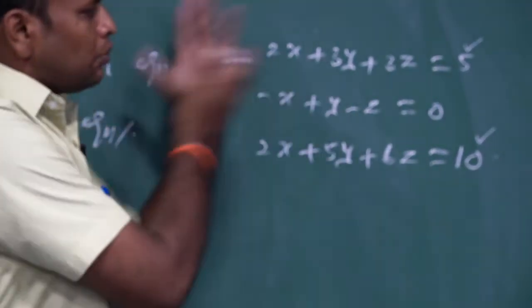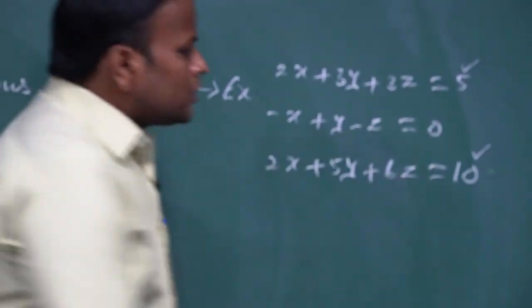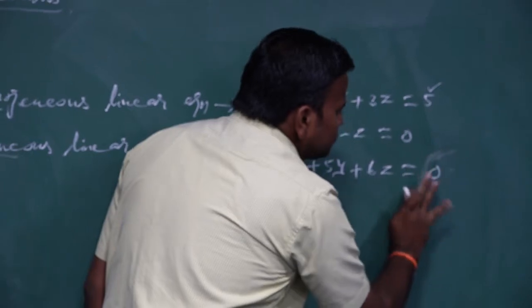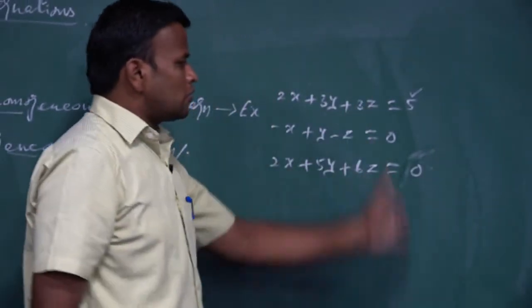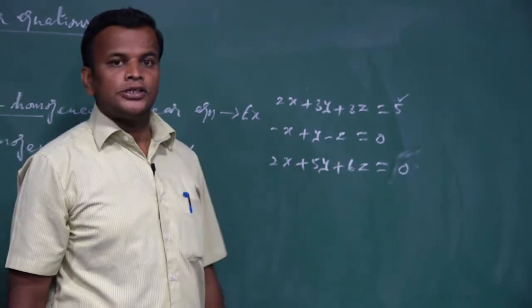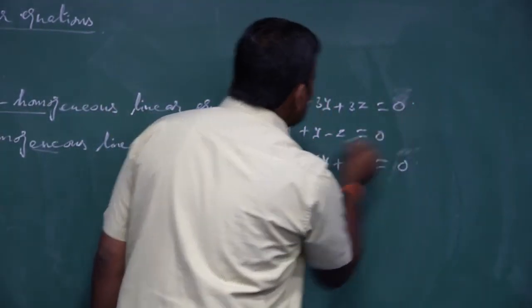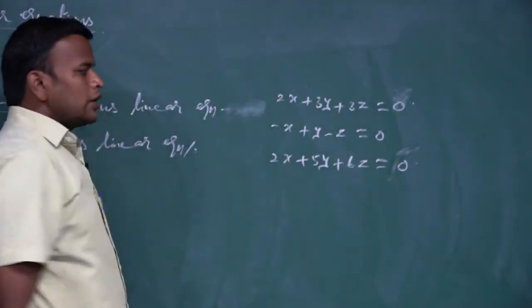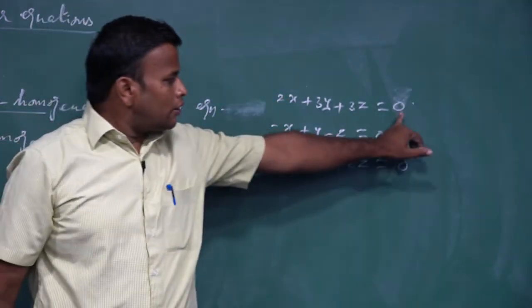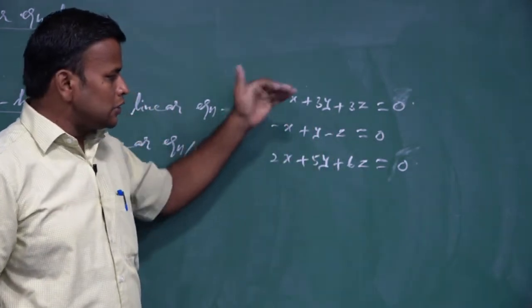We see the previous questions are all non-homogeneous. Suppose that value is also 0. This is still called non-homogeneous because the first equation has a non-zero element. Suppose this element also becomes 0. Now all the RHS values are 0 and the LHS has just the coefficients of x, y, z.